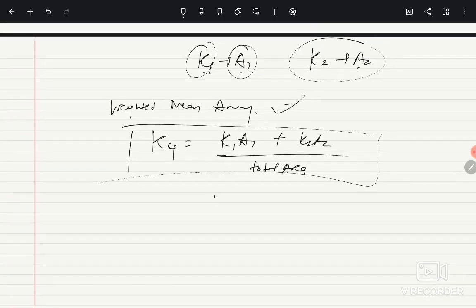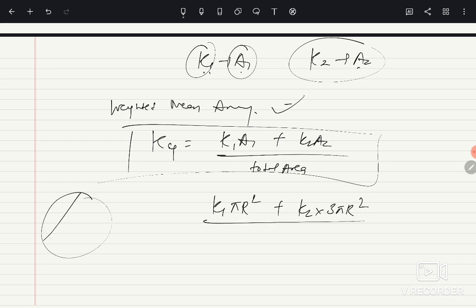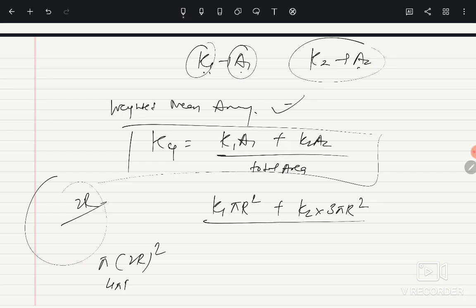So K1 is taken by the A1 area, which is pi R square, and K2 conductivity is taken by the A2 area, which is 3 pi R square. And the total area: the outer radius of the cylinder is 2R, so the total area is pi times (2R) square, which is 4 pi R square.